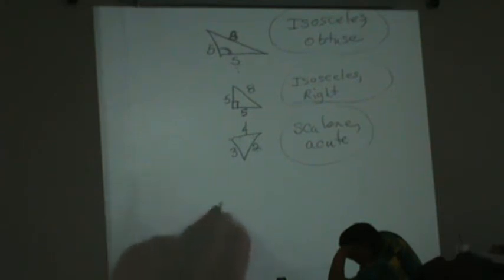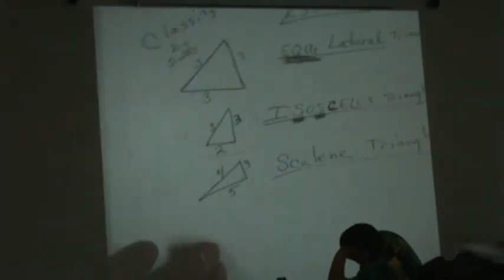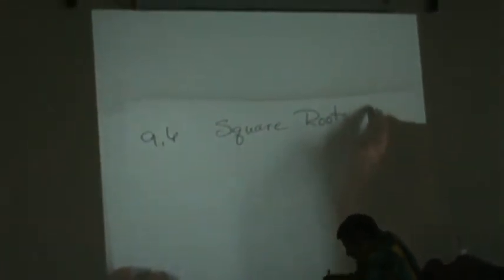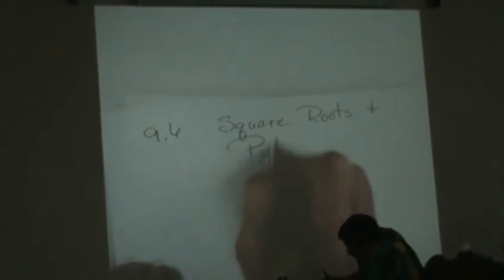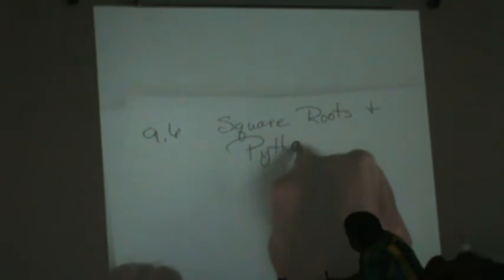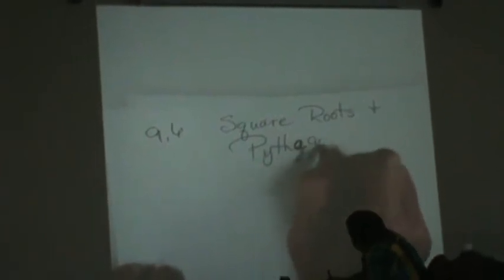That's solid 9.5 now. Put that with that. 9.6. Square roots and oops, that should be an A. Pythagorean.